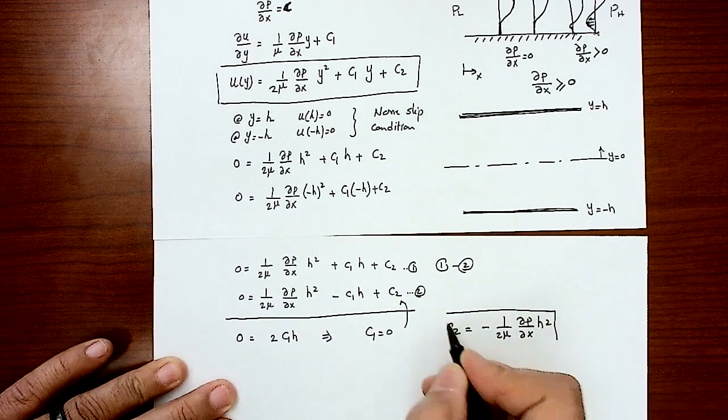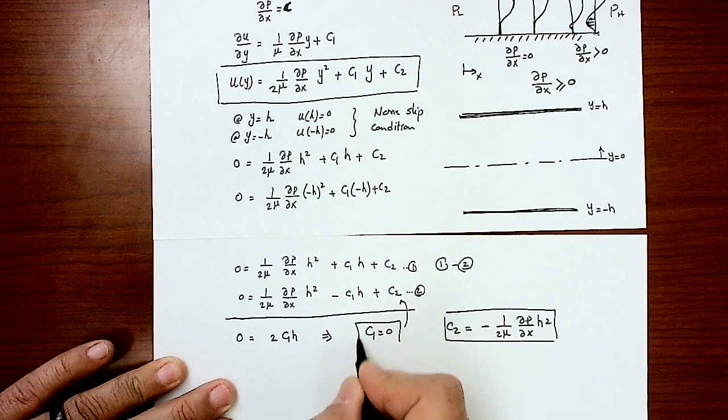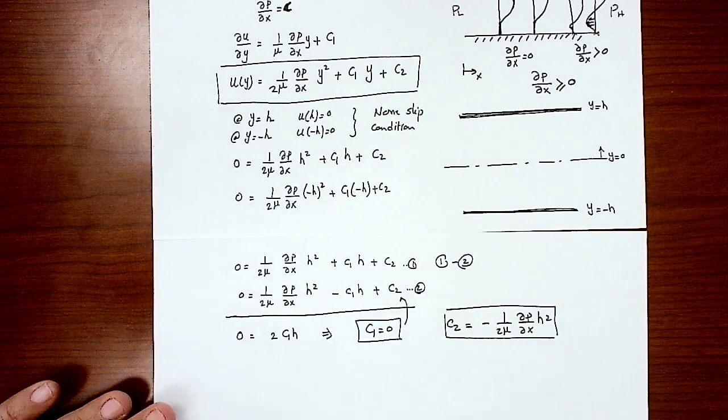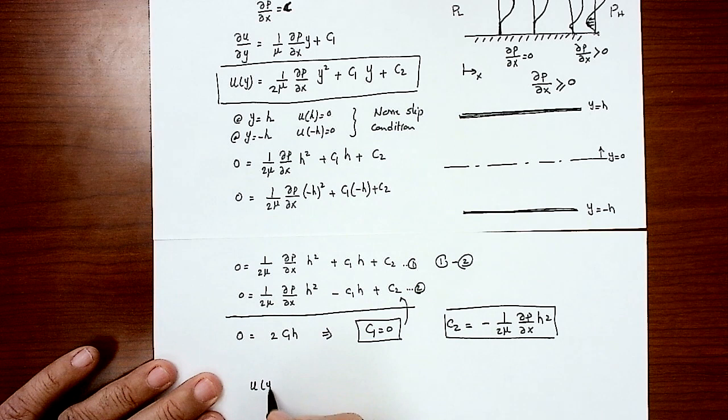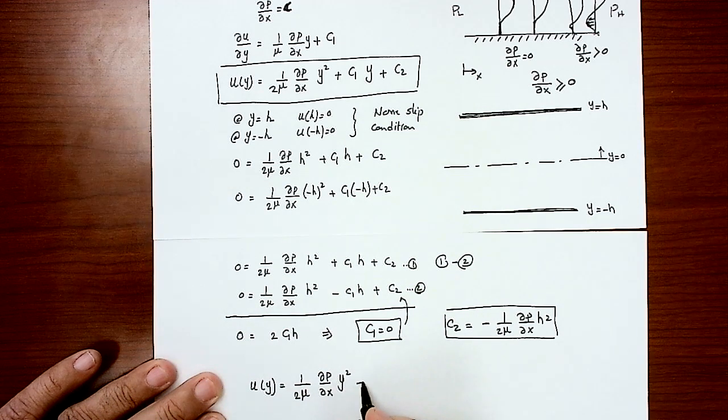You got C1, got C2. Now you can complete the velocity profile. U as a function of y is equal to 1 over 2 mu partial P by partial X y squared plus C1 is 0 plus C2, which is minus 1 over 2 mu partial P by partial X H squared.